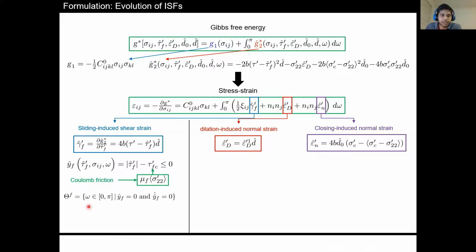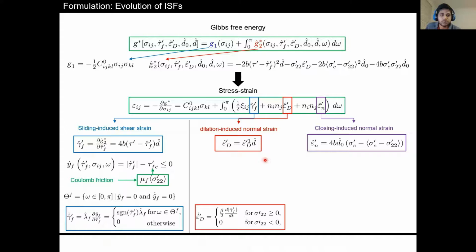From here, at any given time, the directions undergoing frictional sliding are collected in the set theta f using the yield and the consistency conditions. And from here, the evolution of the friction-induced sliding shear strain can be computed.